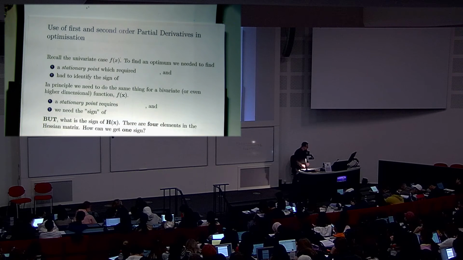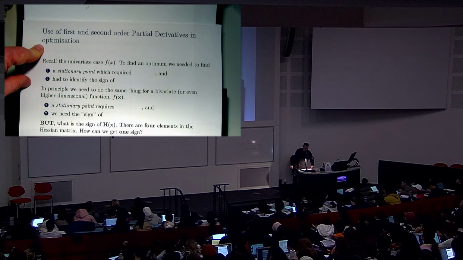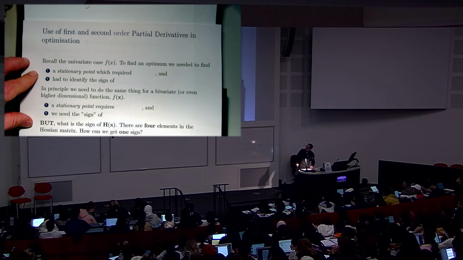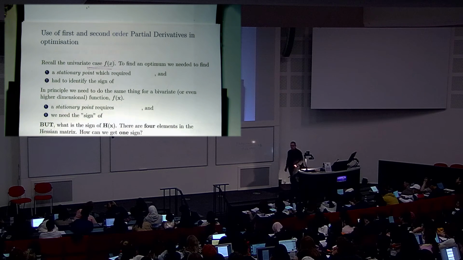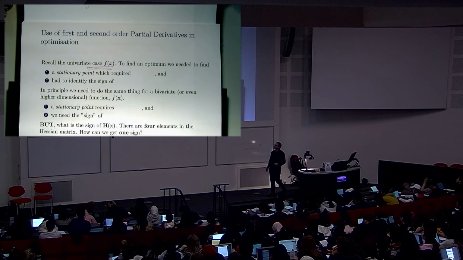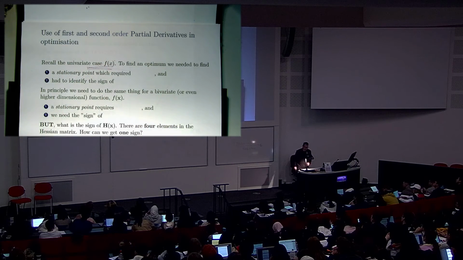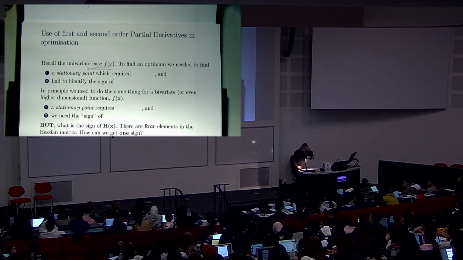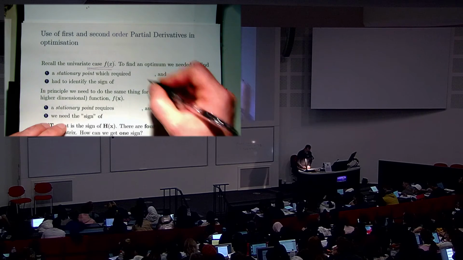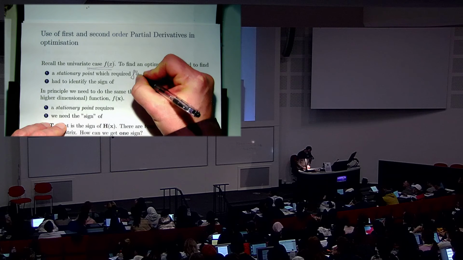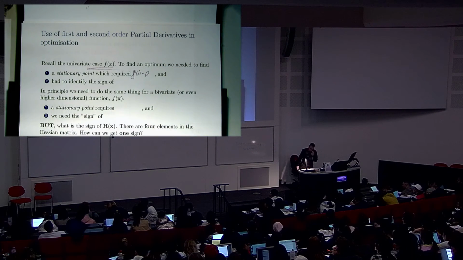Well, because of the following. Remember in the univariate case, what did we need to do to find a maximum, or an optimum in general? First, we had to find a stationarity point, so we had to find where f prime of x is equal to 0.